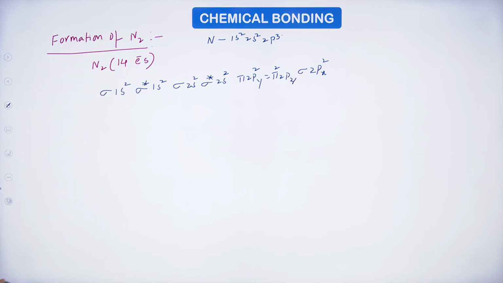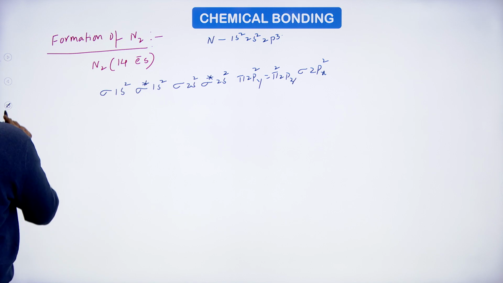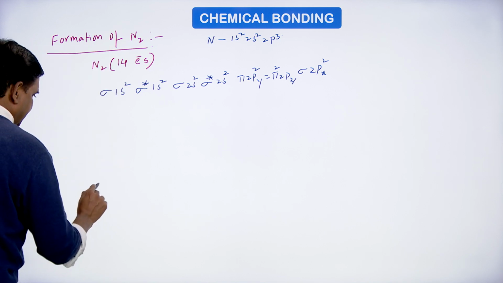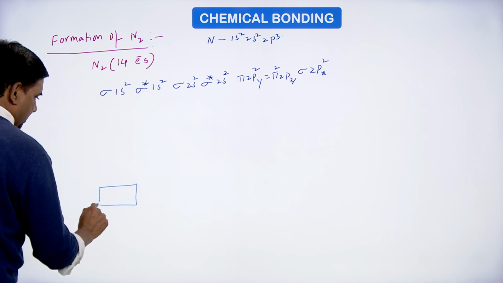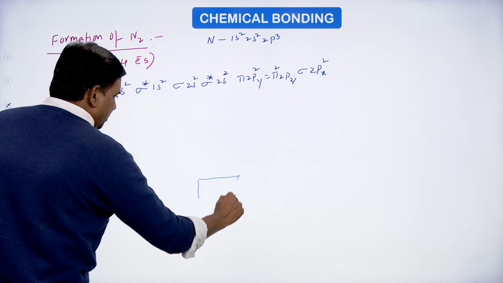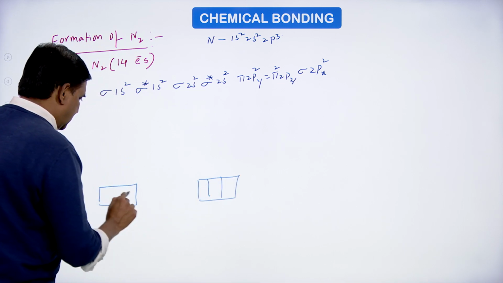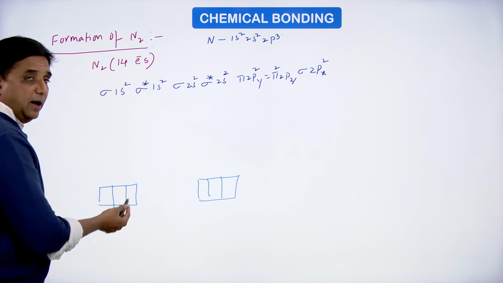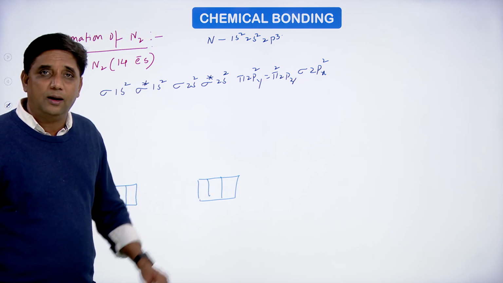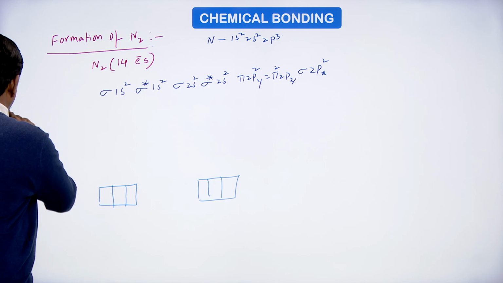So now if you take the orbital energy diagram, you can also draw it, students, once you understand this is very simple. The 2p orbital of one nitrogen atom and the 2p orbital of another nitrogen atom will combine.